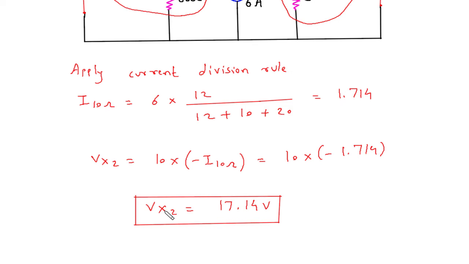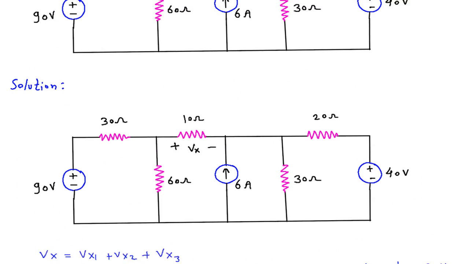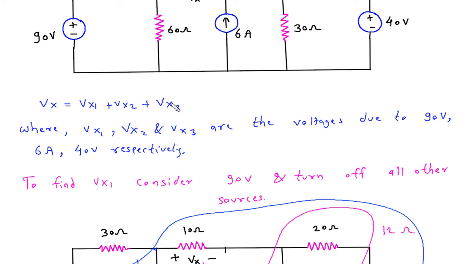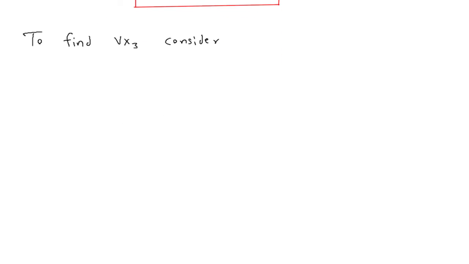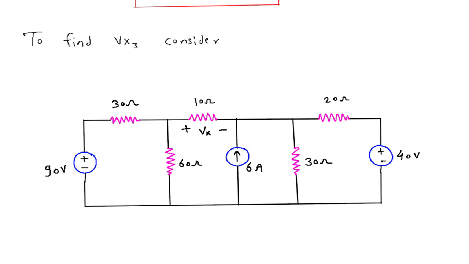Next we have to find Vx3. To find Vx3, we will consider the 40 volt voltage source and turn off all other sources.